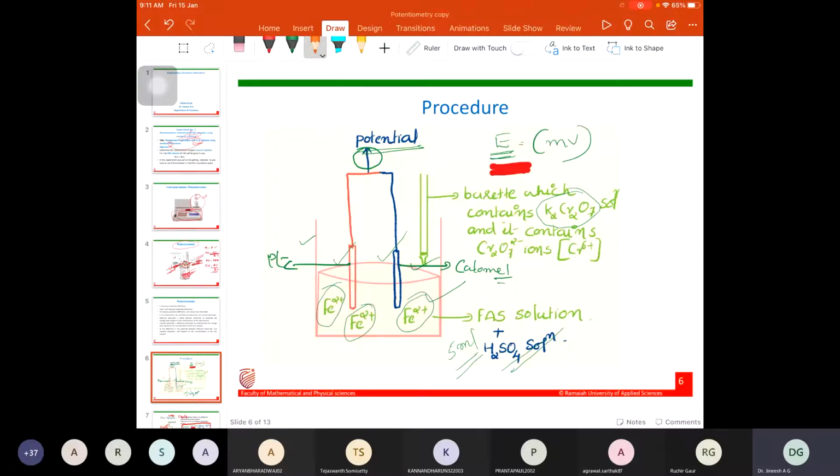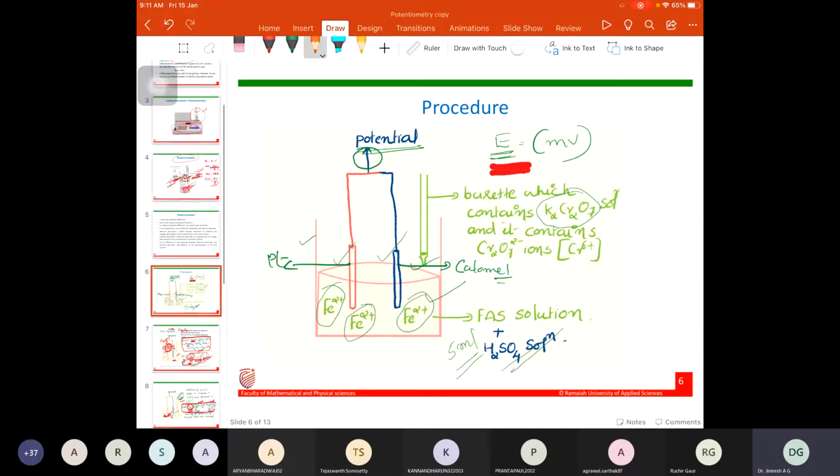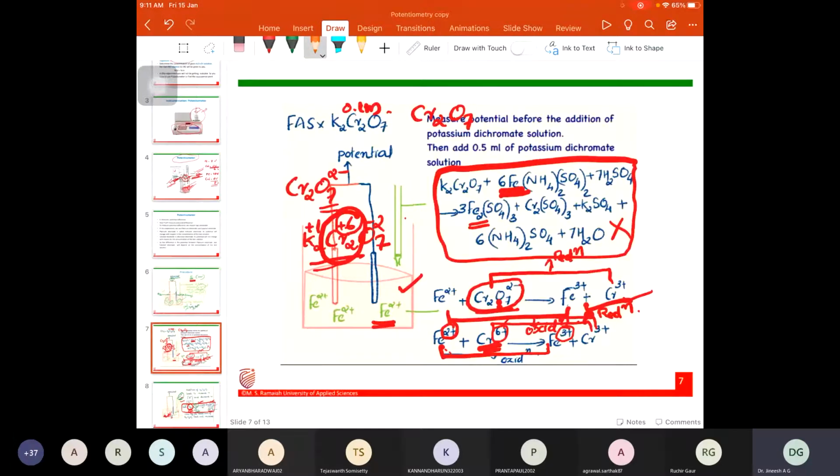When you are adding potassium dichromate to the ferrous ammonium sulfate solution, what happens? Fe2+ ions in the solution will get oxidized to Fe3+ ions. So now the solution contains two different types of Fe ions and one type of chromium ion. Because of the two different types of Fe ions, the potential generated in the cell is due to Fe ions.